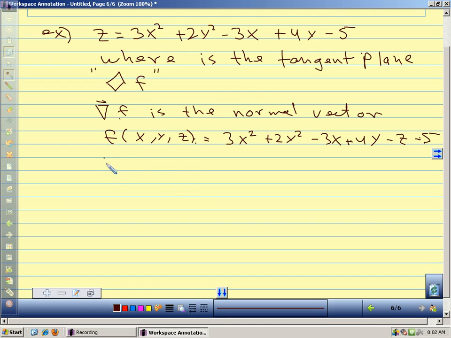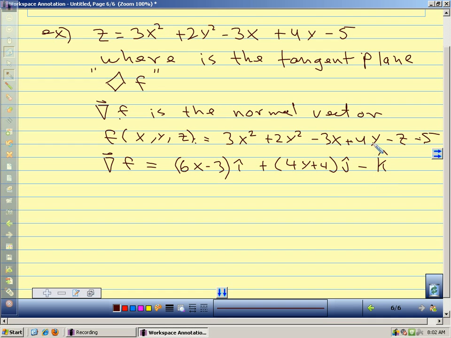Del f, my normal vector, when I calculate this out, is (6x minus 3) i plus (4y plus 4) j minus k.